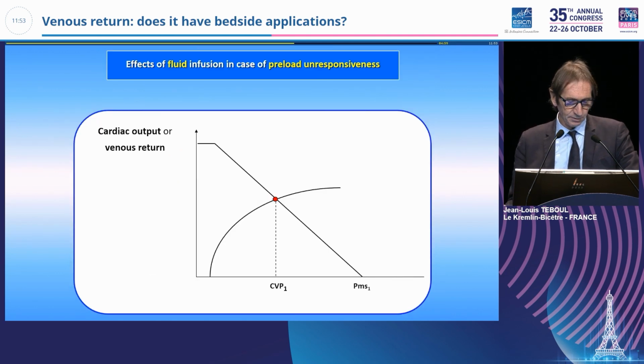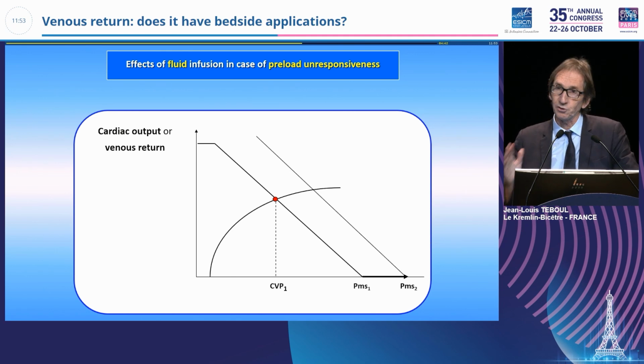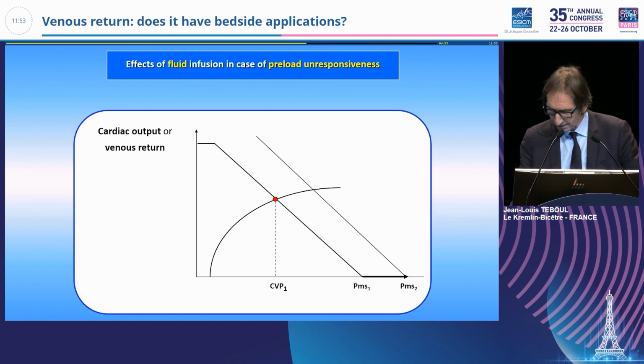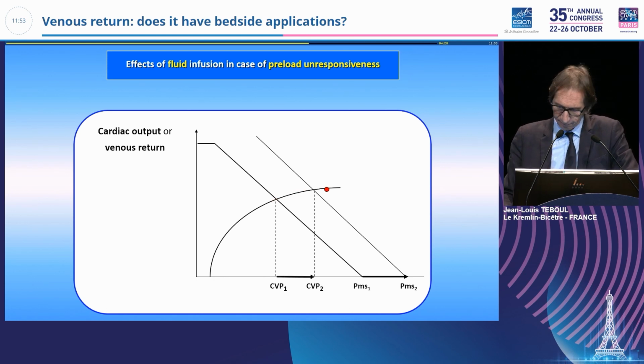But in patients who are not fluid responsive, so patients with fluid unresponsiveness, the ventricles are working on the flat part of the Frank-Starling curve. And therefore, if we start from these values, we give fluids, there is a shift again of the venous return curve to the right, an increase in mean pressure, but because the ventricles are working on the flat part, by definition, I would say, there is a marked increase in CVP, and therefore, more or less the same as the increase in mean systemic pressure.